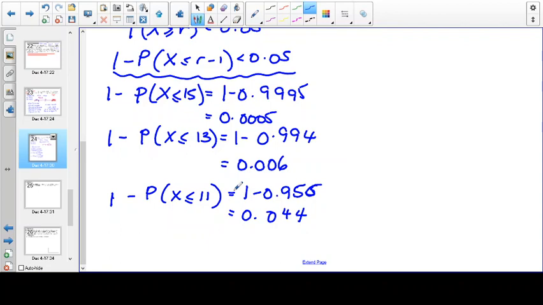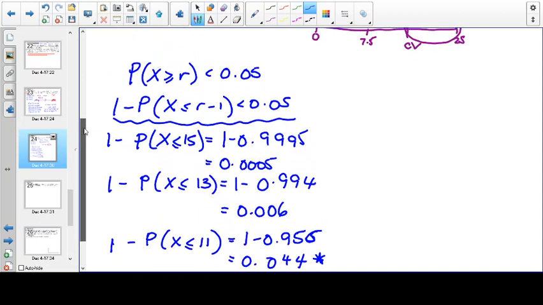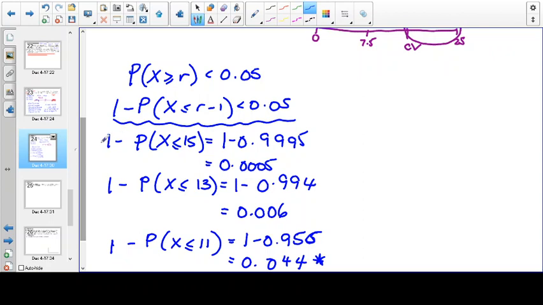No, that's 0.02. Okay, better just double check and put 10 in. That's 0.1. Okay, so this one is the one that's closest and just under 0.05.